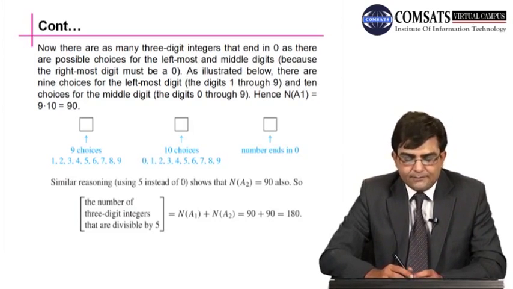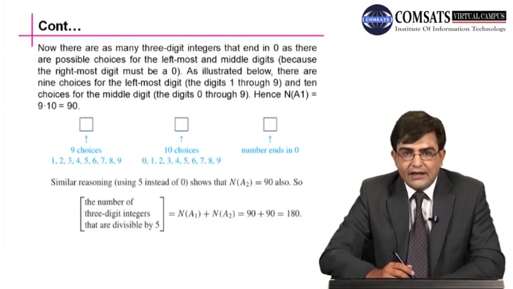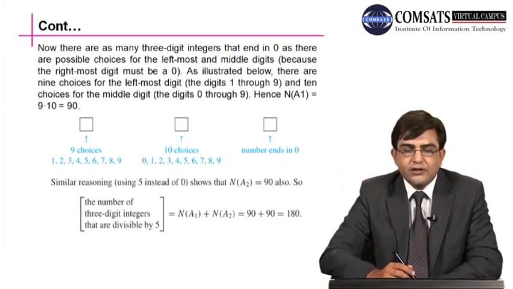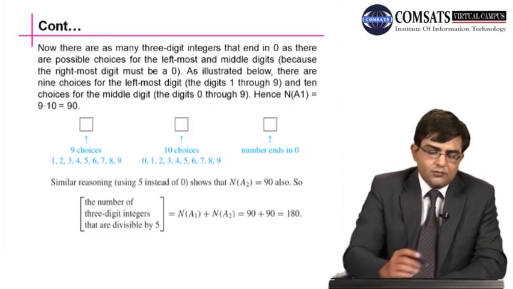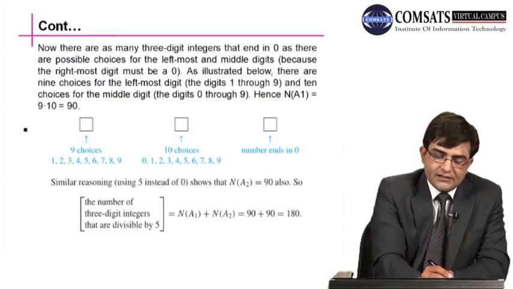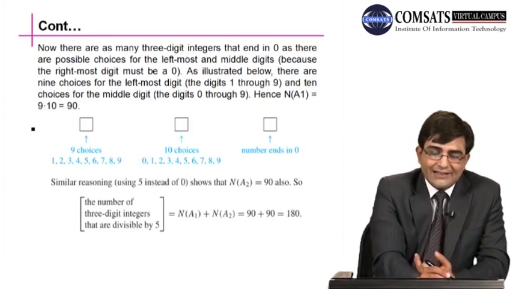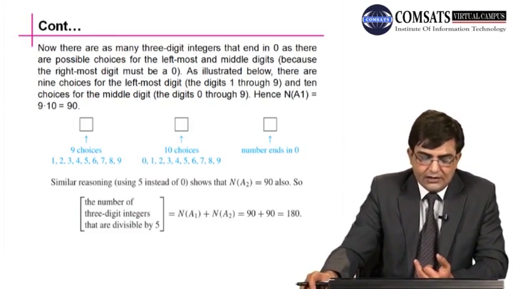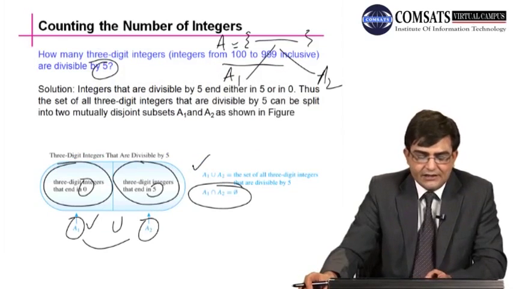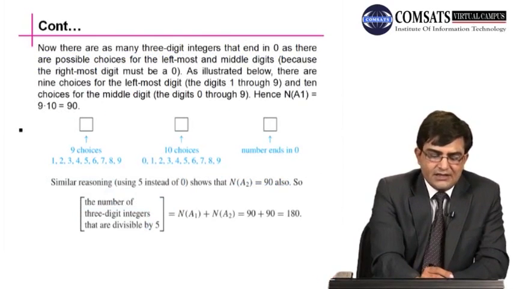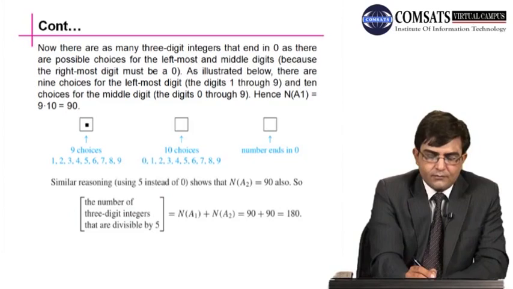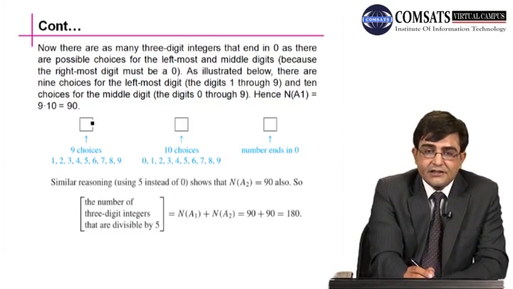First we choose the set A1, in which we have to count the integers which end with 0. Now these are 3-digit integers. The first digit cannot be 0 at the first place of a 3-digit integer.